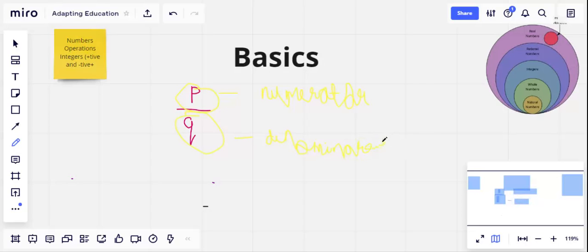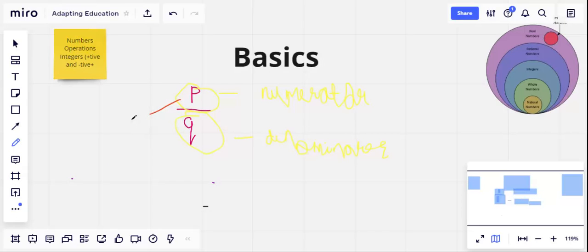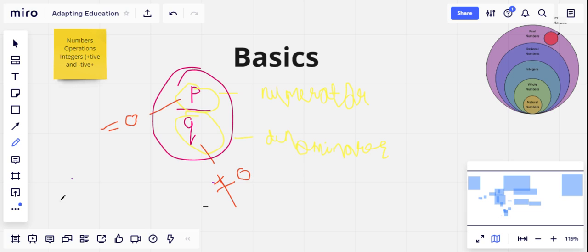So the rule in rational numbers is that the numerator can be zero, but a denominator should be a non-zero number. This is how we write a fraction.